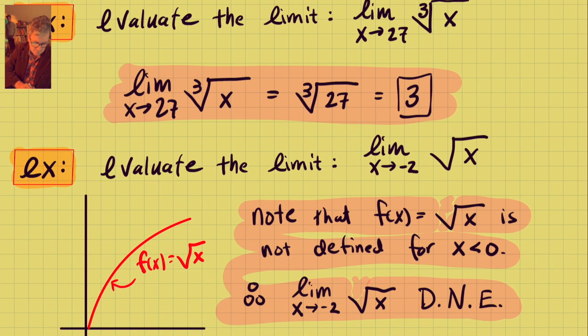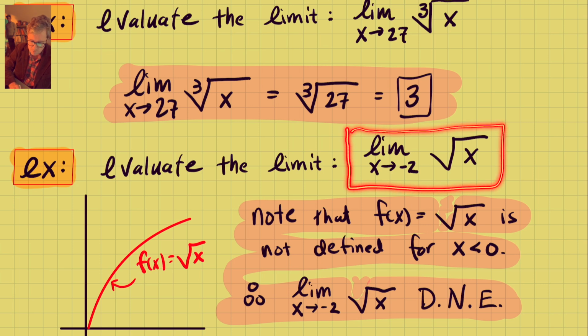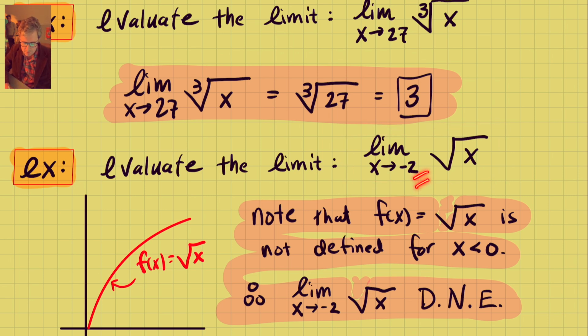The next example: evaluate the limit as x approaches -2 of the square root of x. My limit point is a negative number, and n is technically 2, so that's even.